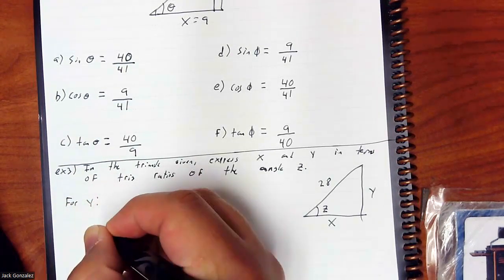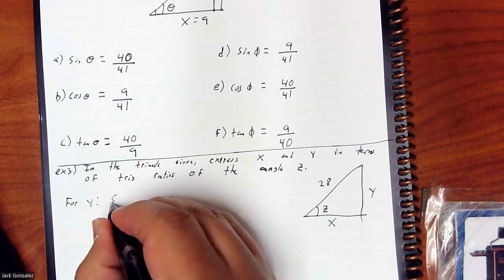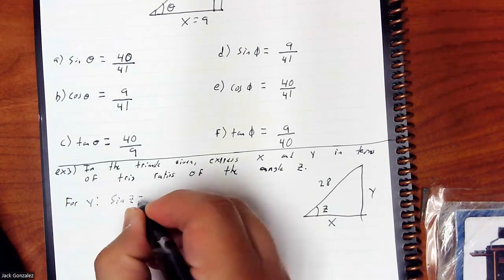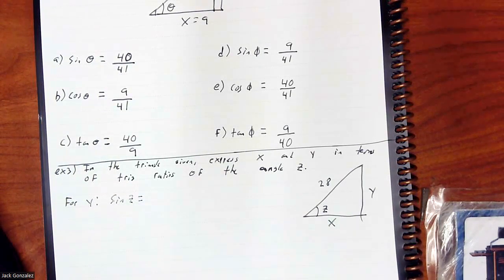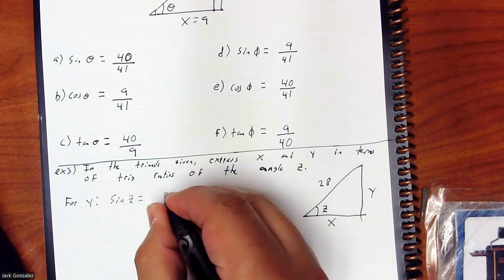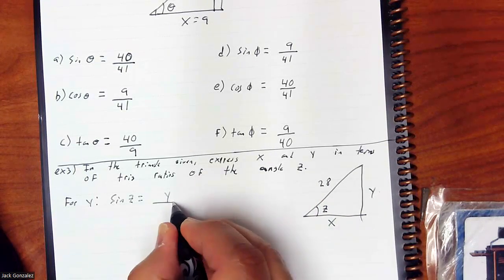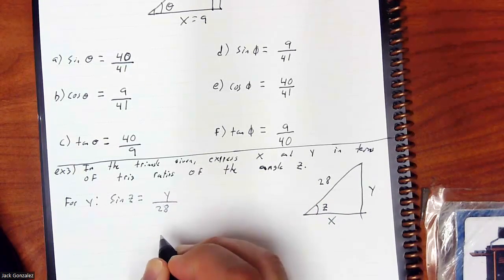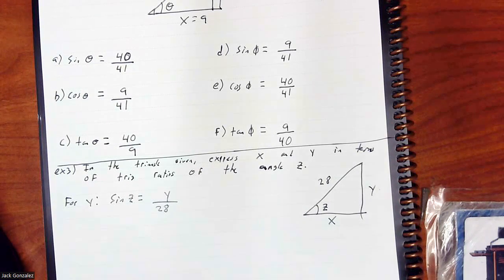So for y, what is sine of z equal to? Yeah, so opposite over the hypotenuse. So all they want you to do is solve for y, and that's it. And they told us to represent y in terms of trig ratios, given that angle z, using the angle.